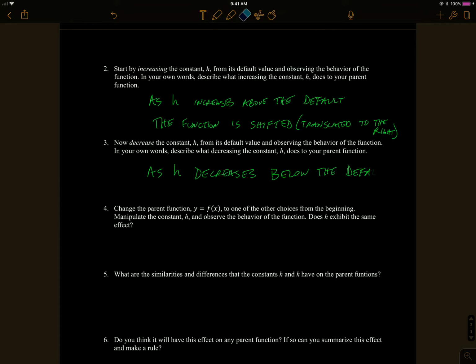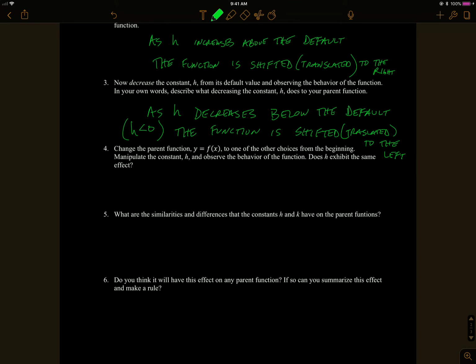So that means h will be less than 0, meaning it's negative. The function is shifted, I wanted to put the parentheses there, shifted or translated to the left.